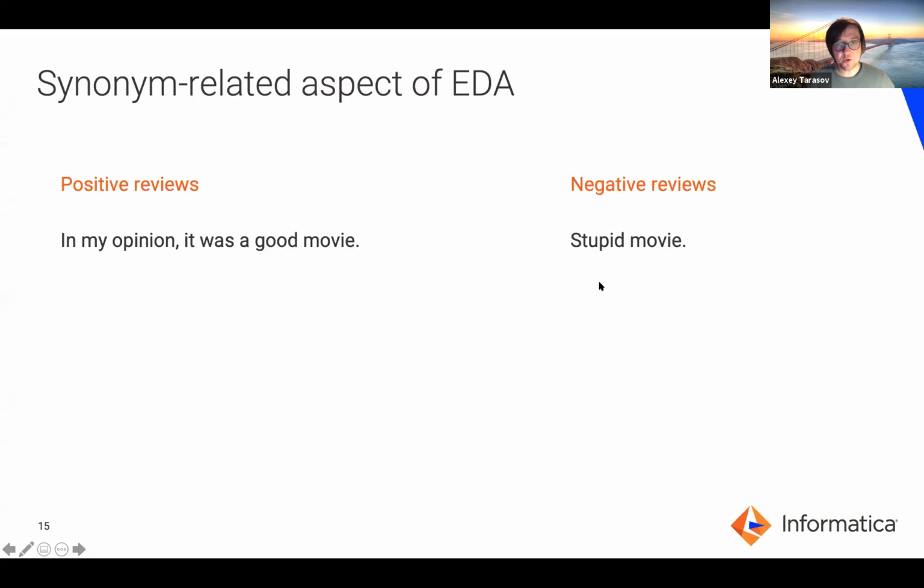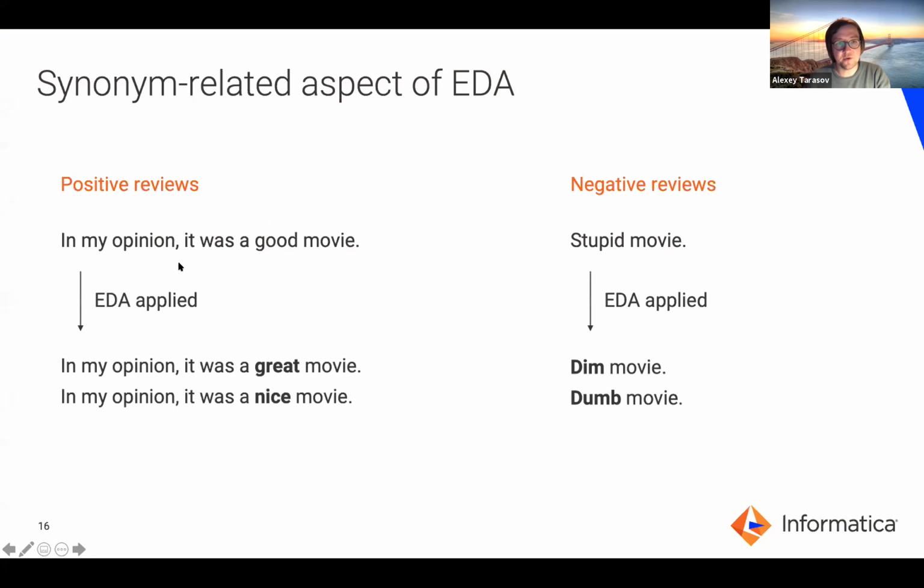And the way we can use it is if you imagine a very simple, degenerate corpus with reviews where there are just true reviews. Synonyms can be used quite successfully for that. You can just use EDA and good becomes great and nice, stupid becomes dim and dumb, for instance. So you end up with this kind of corpus, and it seems all right, but actually all your negative reviews are still very short reviews, and all your positive reviews are much longer.